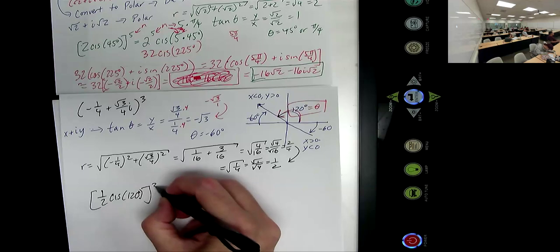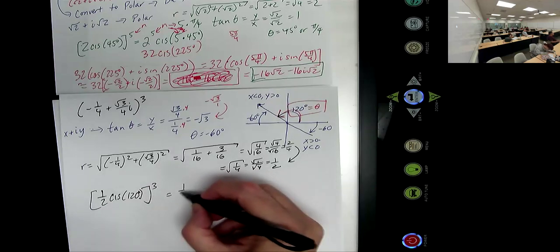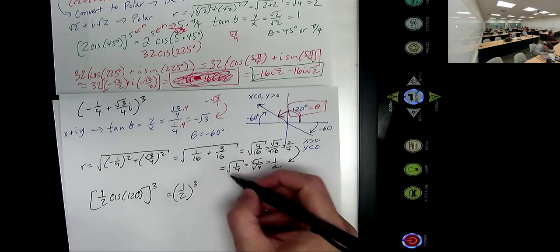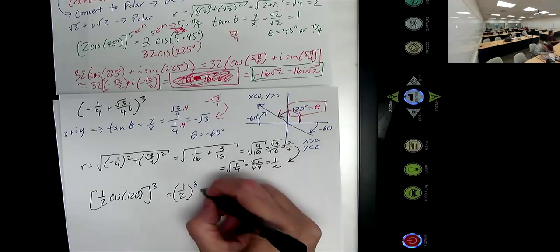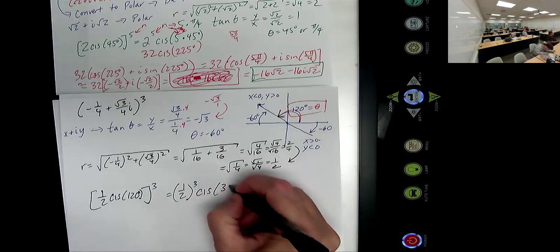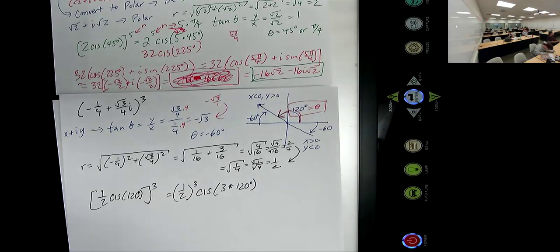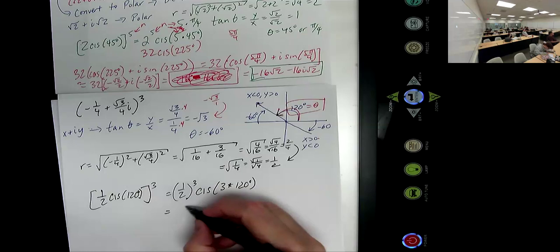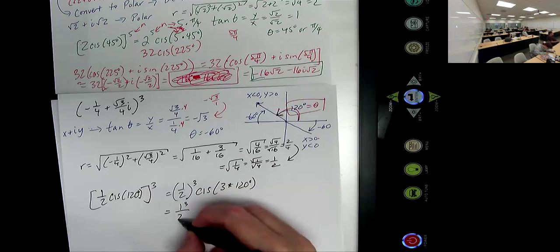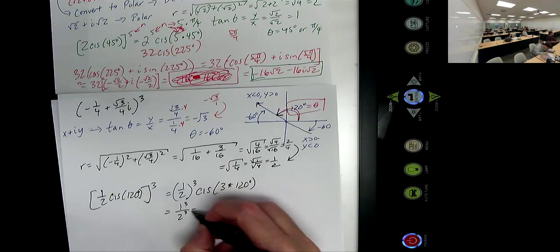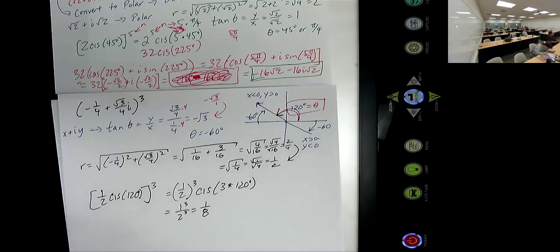Raised to the third power, so we got 1/2 cubed and then cis of 3 times 120. Without doing any calculator, this is 1 cubed over 2 cubed, which is 1/8, that's our radius.